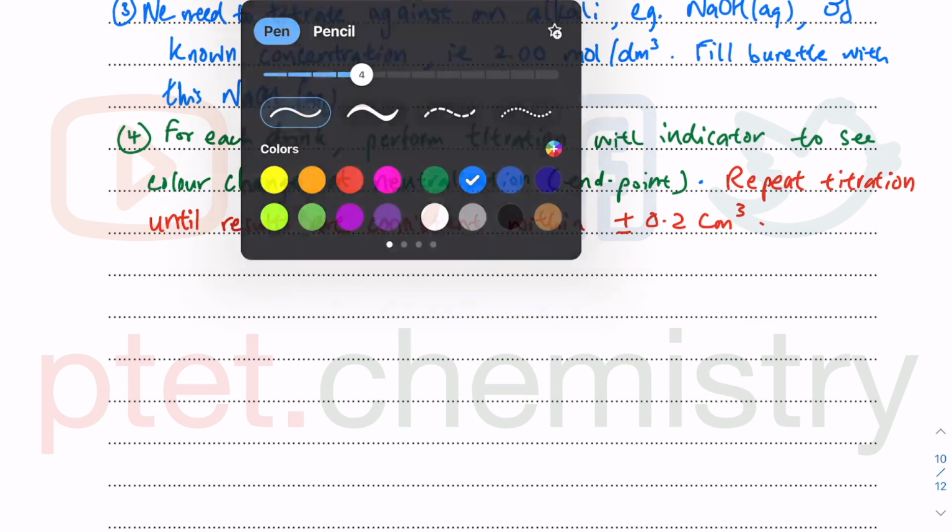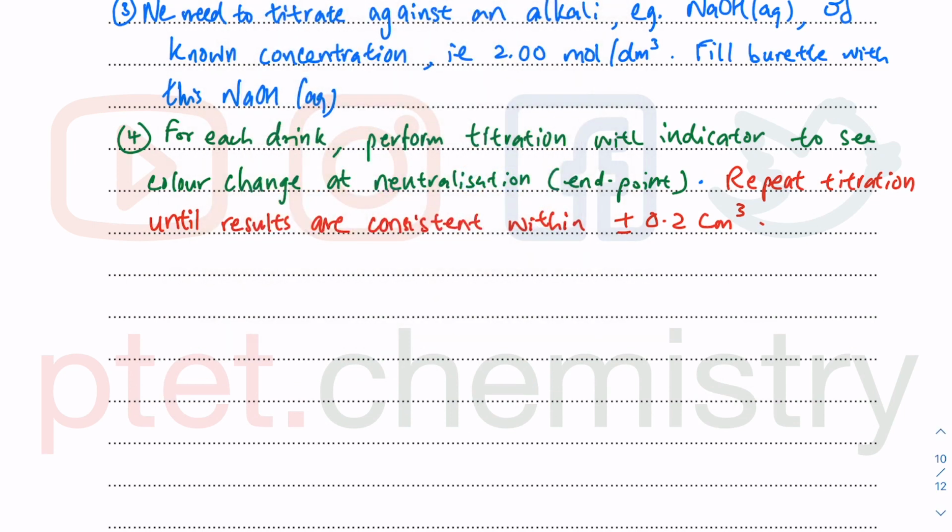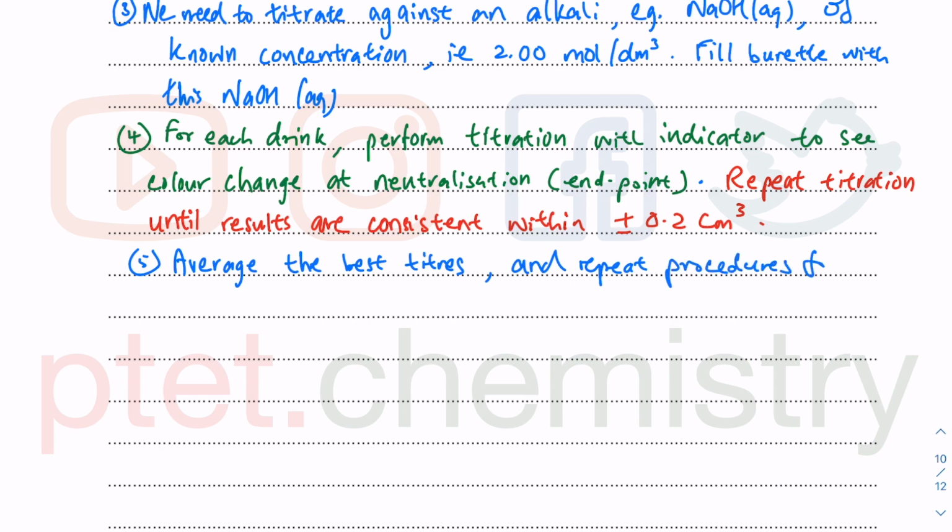And then we will average the best titres, that means the accurate titres that are within plus or minus 0.2 cm3. And repeat the procedure for the other drink after you have finished the titration for one particular drink.